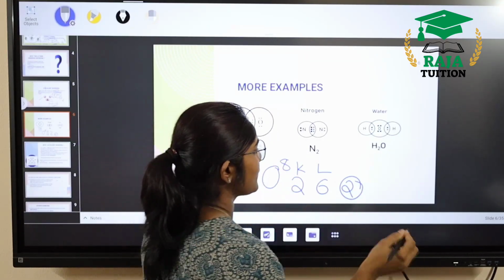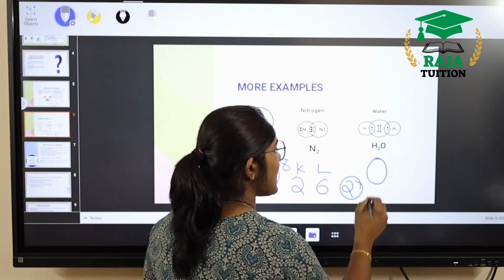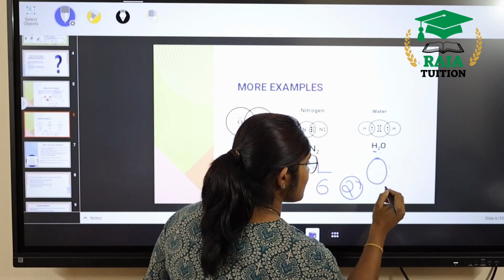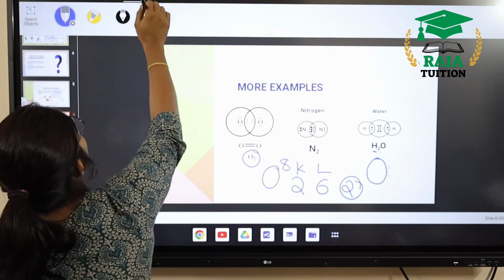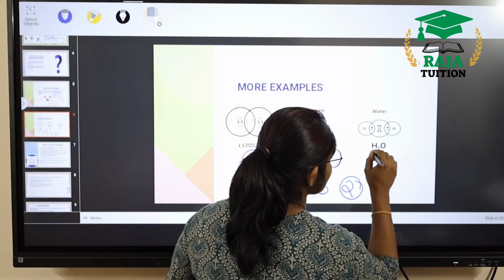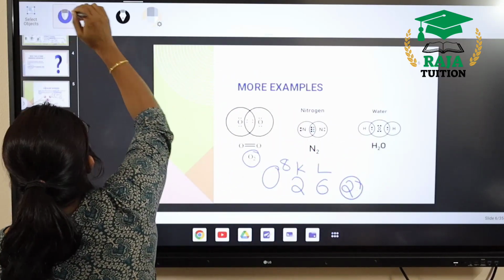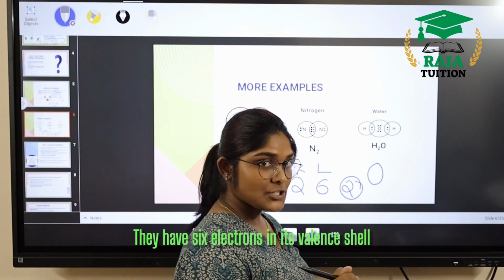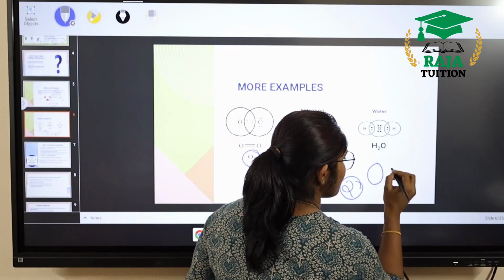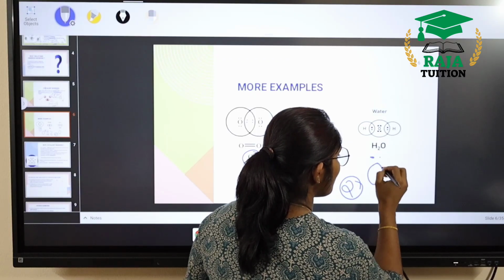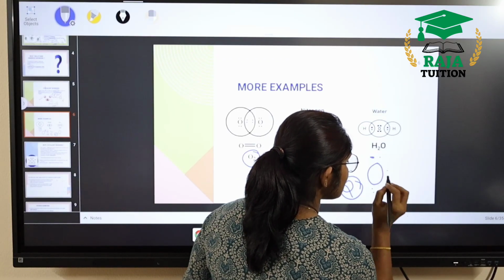How are they undergoing this? So the oxygen atom has 6 electrons in its valence shell: 1, 2, 3, 4, 5, 6.